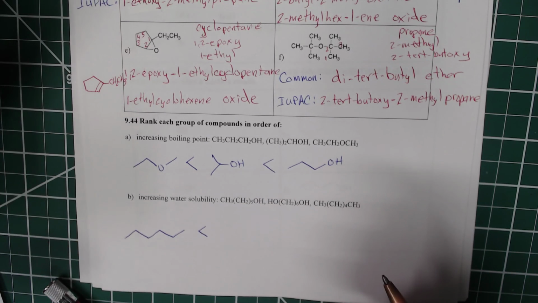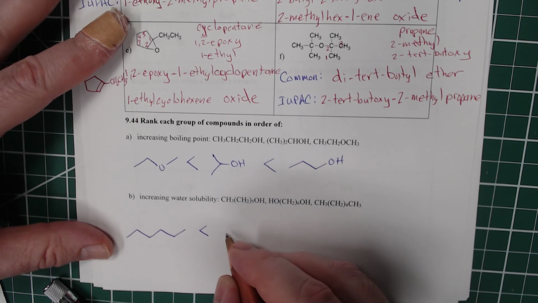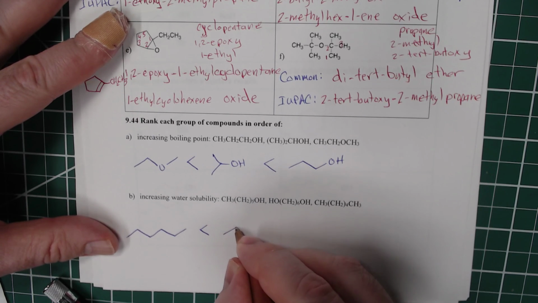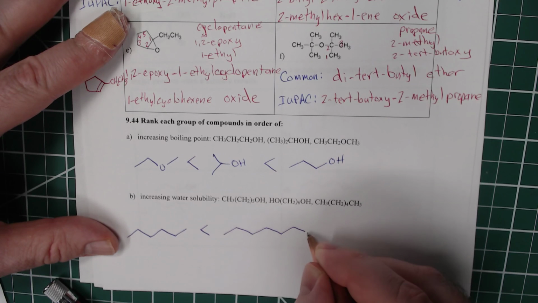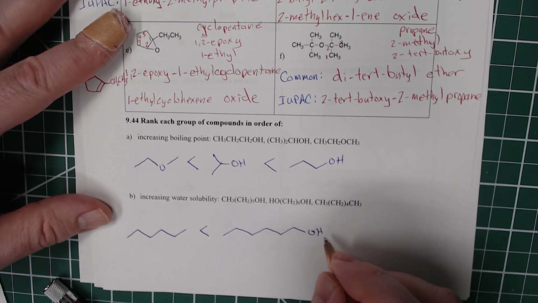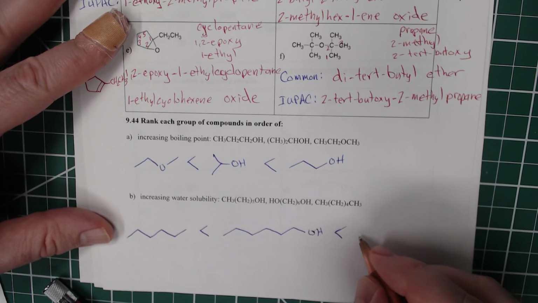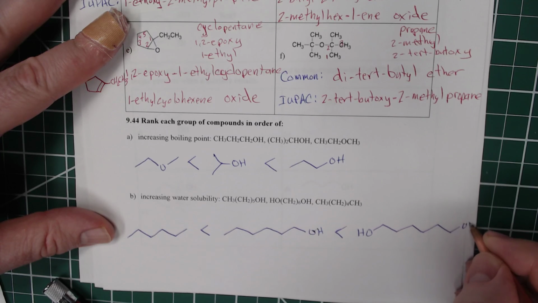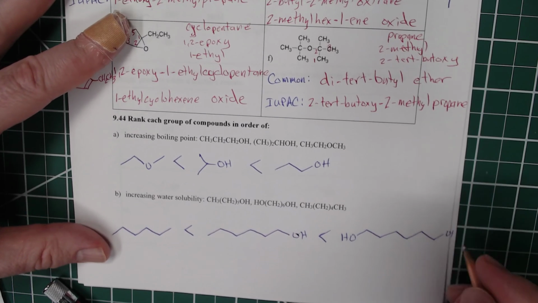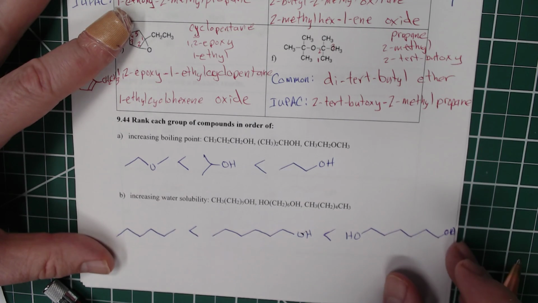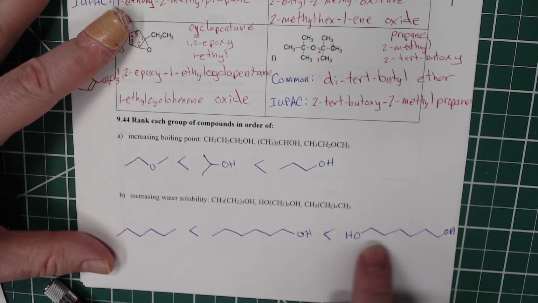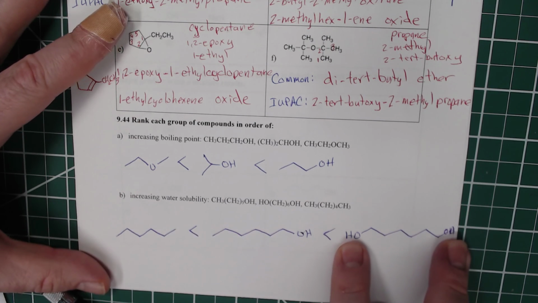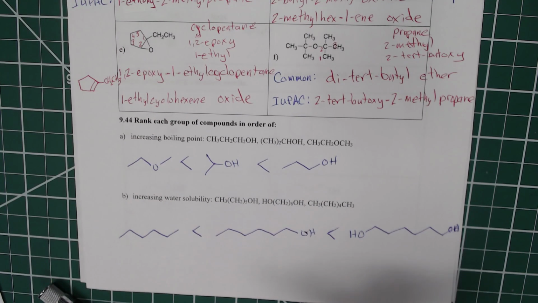The more OHs it has, the more soluble it's going to be. So the hexanol will be quite a bit more soluble than the hexane, but the hexanediol will be a lot more soluble. That one will be the most soluble because we have more hydrogen bonding capability interacting with the water.